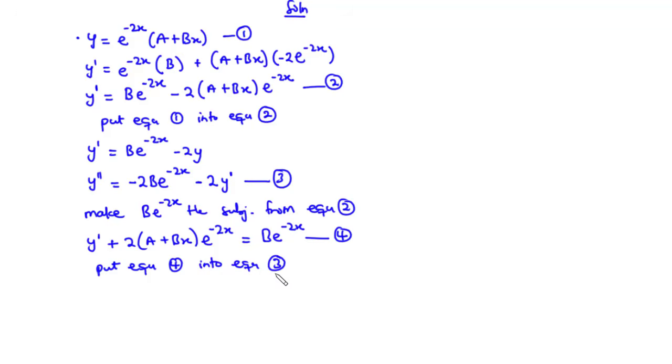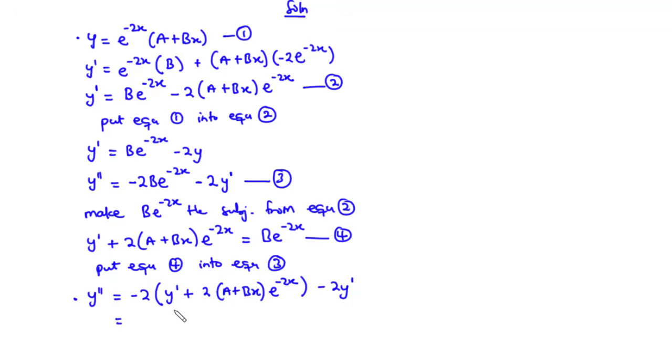So for equation 3, that's going to be y prime prime equals negative 2 into bracket (y prime plus 2 times (a plus bx) e to the power negative 2x), and then minus 2y prime.